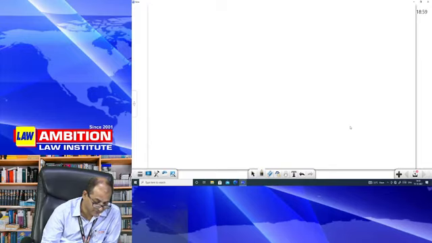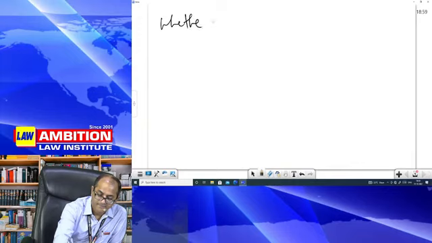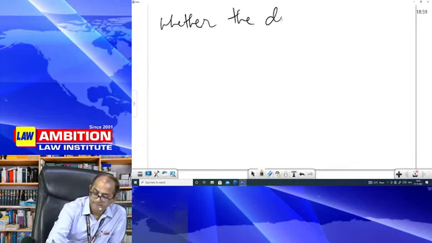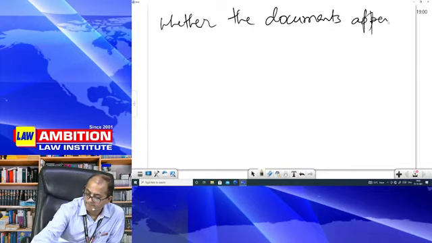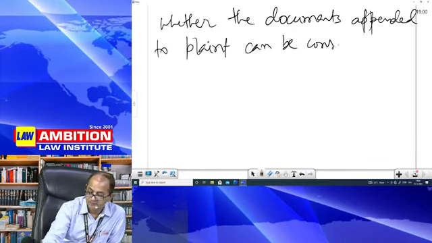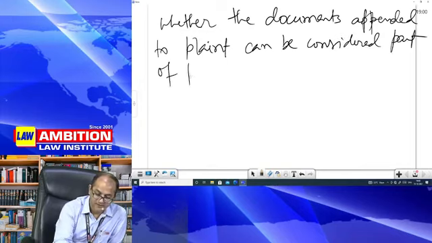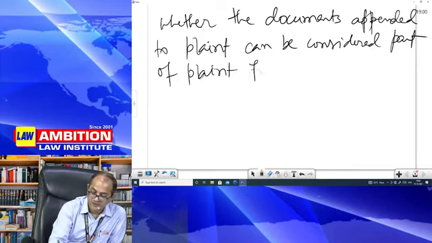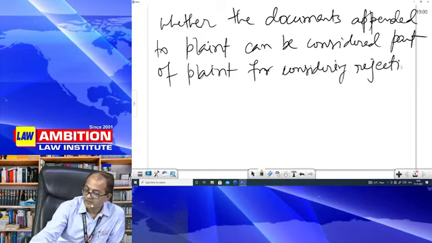So we can frame a question: whether the documents appended to plaint can be considered part of plaint for considering rejection of plaint.